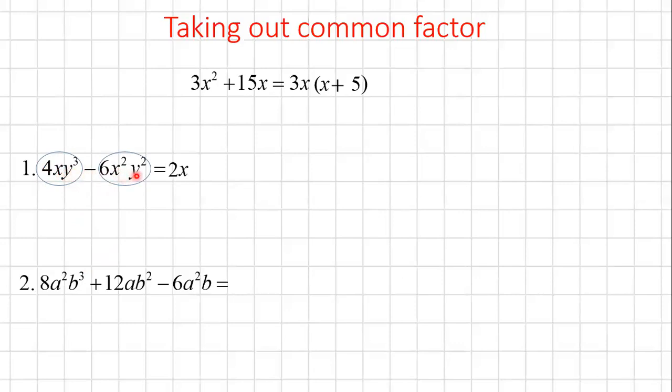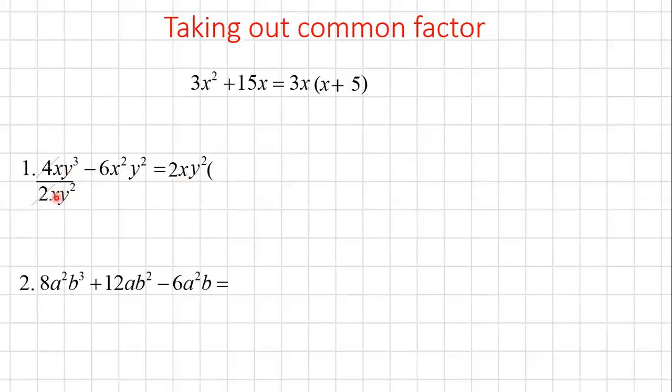Y cubed and y squared, as you remember, we should take the least exponent, y squared. Okay, our greatest common factor is 2xy squared. Now open the brackets and divide each term by the greatest common factor.